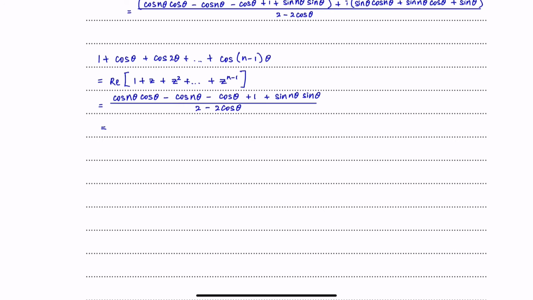We can actually just take this term out. So we can rearrange this part into negative cos n theta times (1 minus cos theta) plus 1 minus cos theta, so we separate into two fractions.